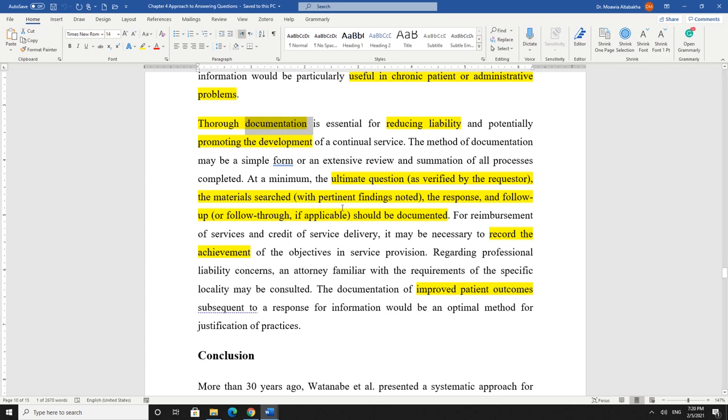Additionally, regarding follow up and follow through, it shows that if you do follow through or follow up, the customer will be satisfied, and it can be proof that your center is providing service that satisfies the customers, and this will be a good record of achievement.